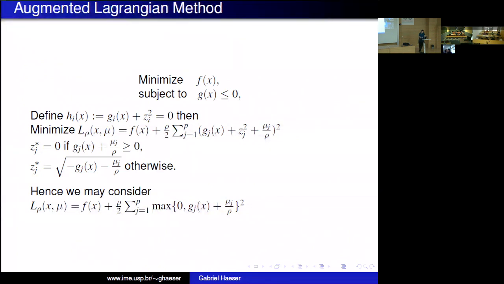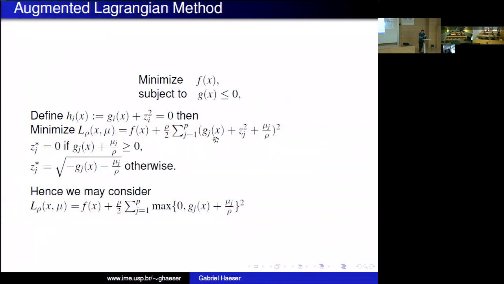And so here now z is a variable for me. x and z are parts of a variable for the original problem, but it turns out that I can solve this for z. I can get rid of this variable z when I'm minimizing this augmented Lagrangian function. I can easily compute the solution.